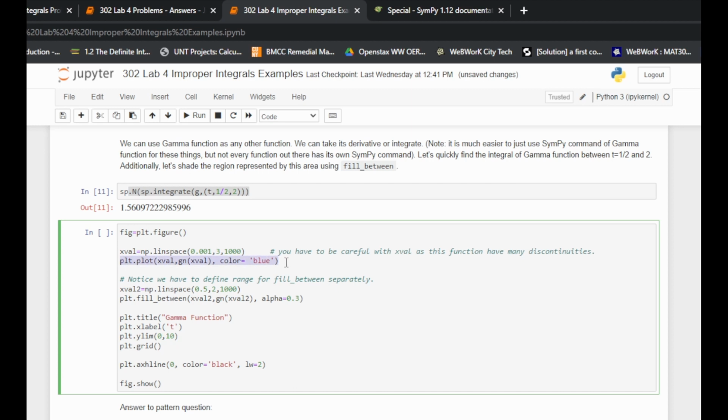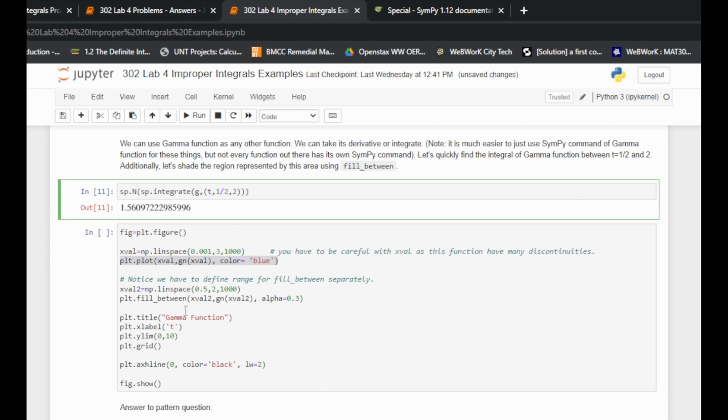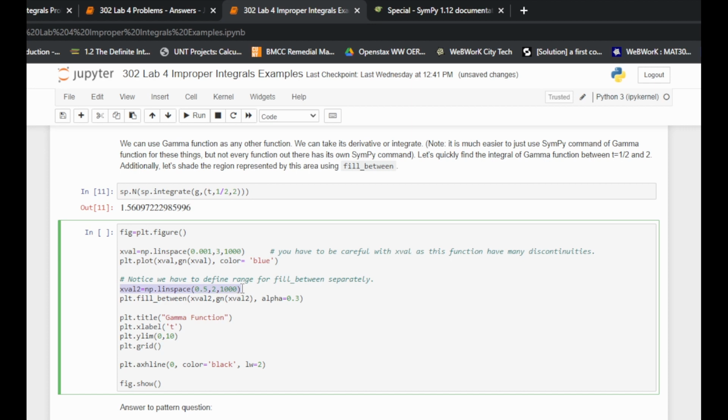I will then plot my graph in blue, and then I want to fill the area between 1/2 and 2. So I will have to create a new sequence of x values that is represented by this integral, so from 1/2 to 2, and I will use plt.fill_between.